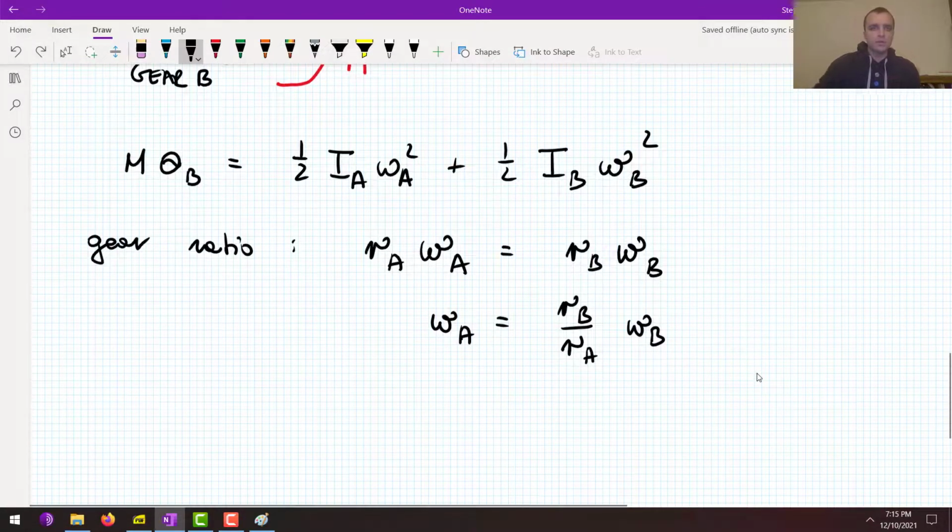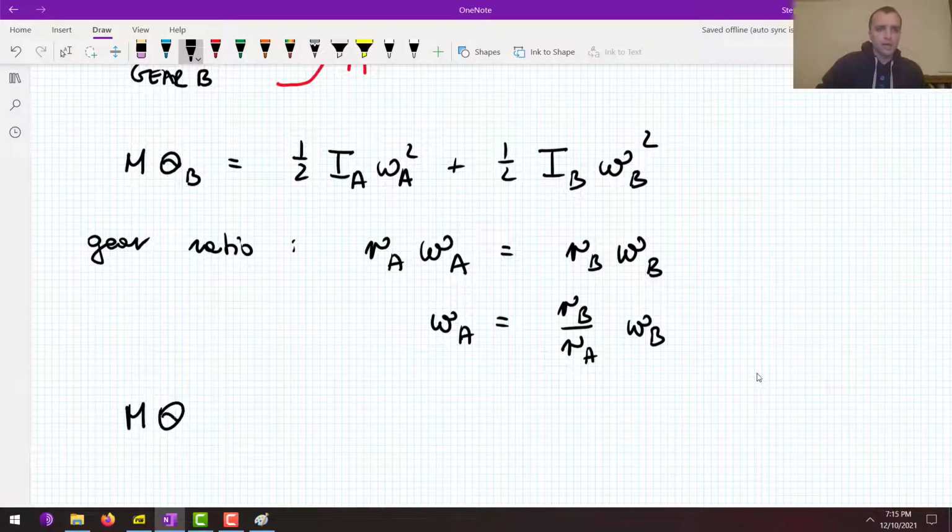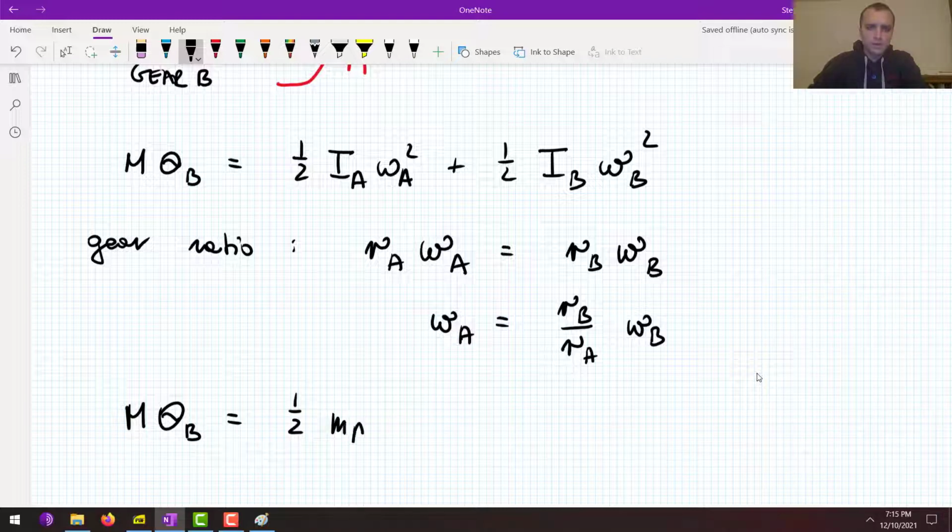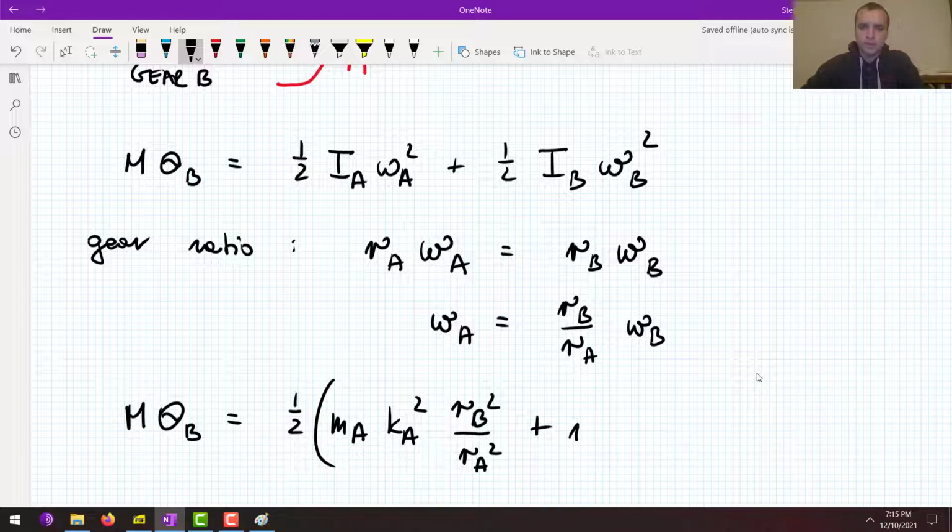Let's plug this one here. So we will end up with M theta B equal to 1/2 MA KA squared RB squared over RA squared plus MB KB squared, all times omega B squared.